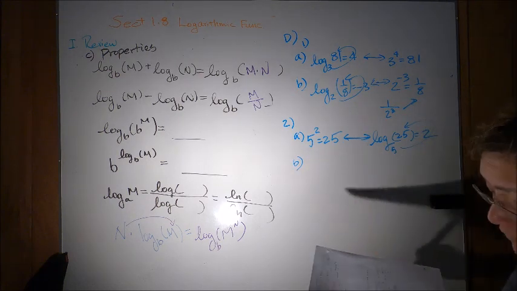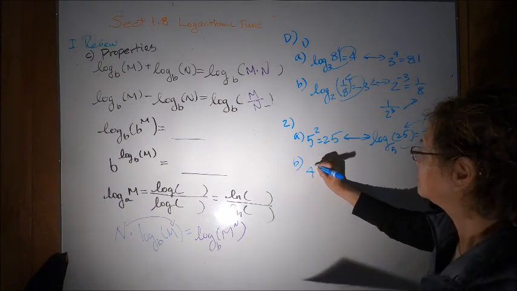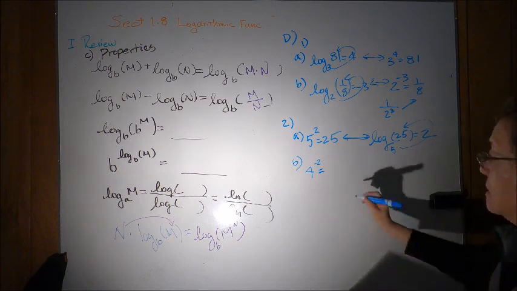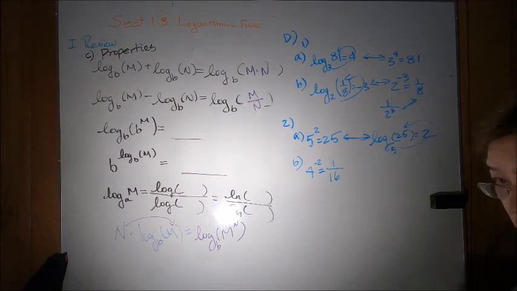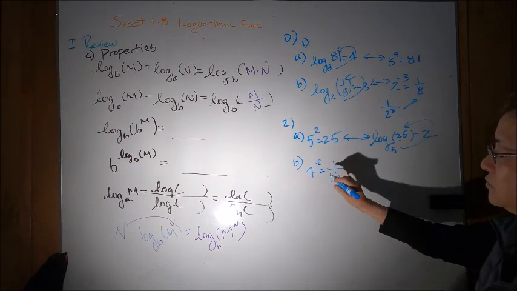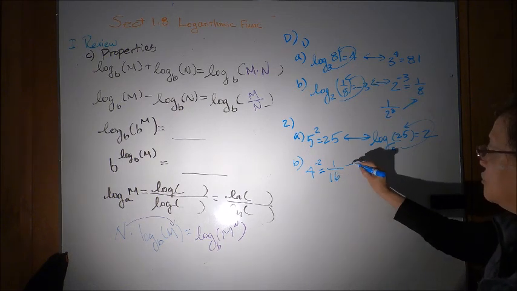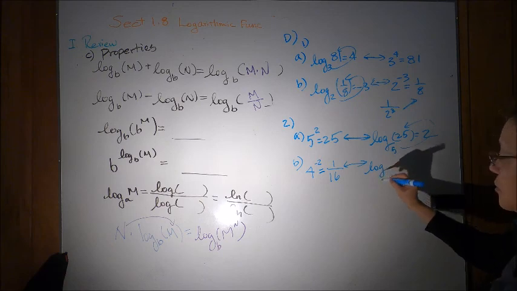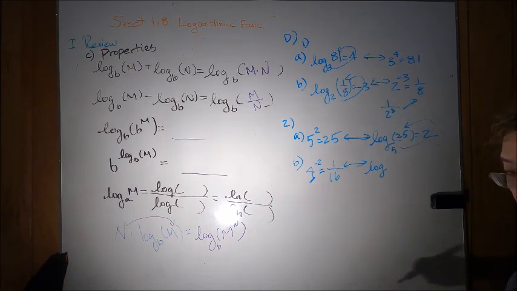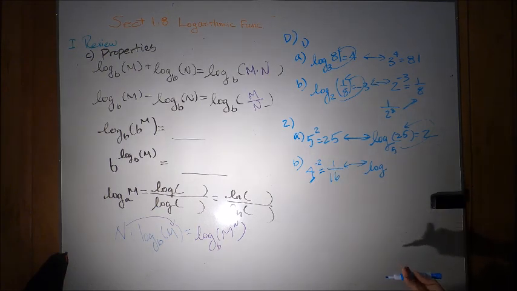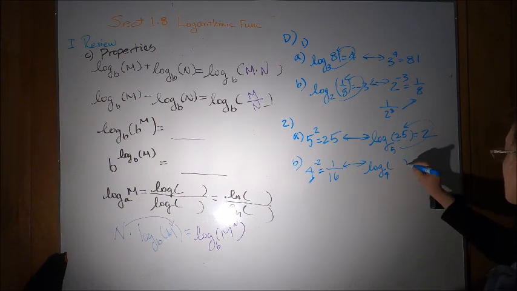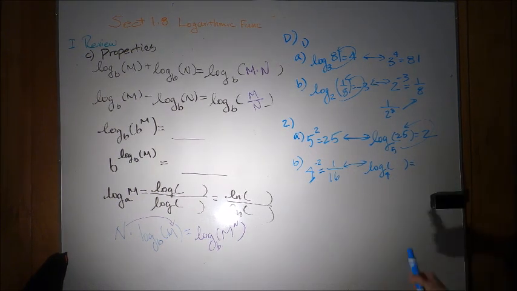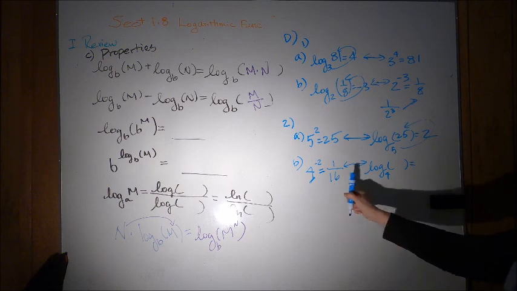If you look at this, 4 to the negative 2. Is that 1/16? Right? Reciprocal, 1/4 squared. If you write it in log style, what would that be? Log, what's your base? The bottom, the base of the exponential thing, base 4. Then which one do you put inside, which one outside?